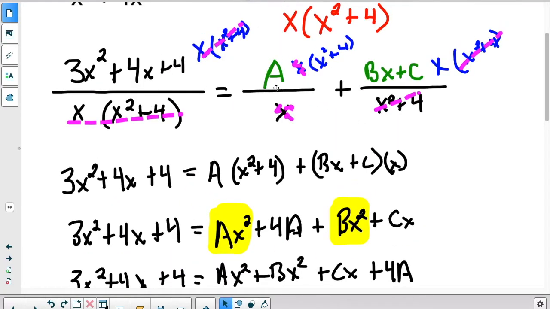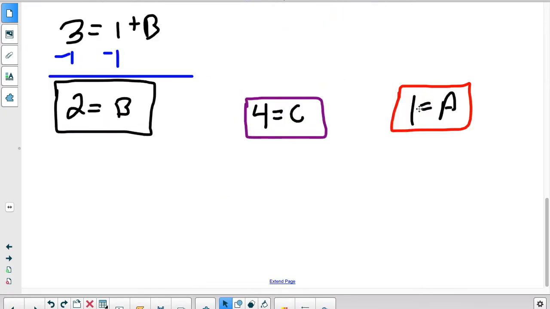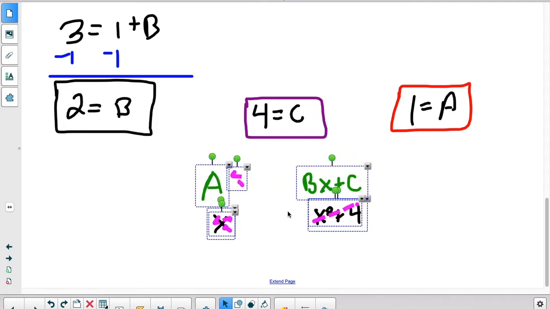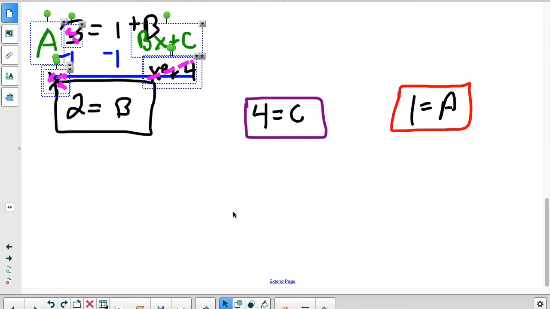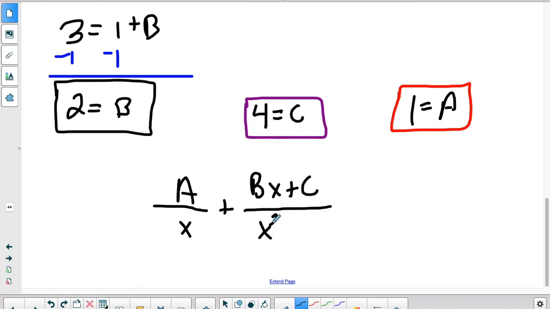So I'm going to come back up to the top and grab this here and everything else that goes along with it. Bring it down here. What we started out with is A over x plus (bx plus c) over (x squared plus 4).